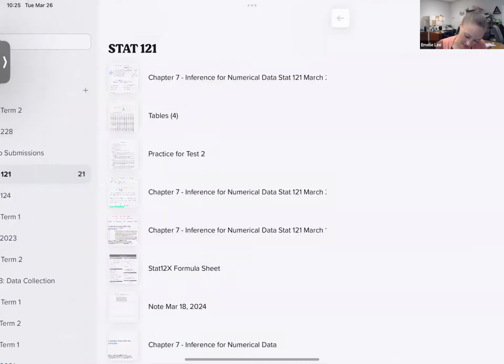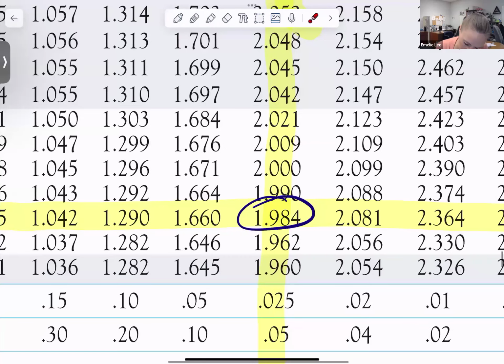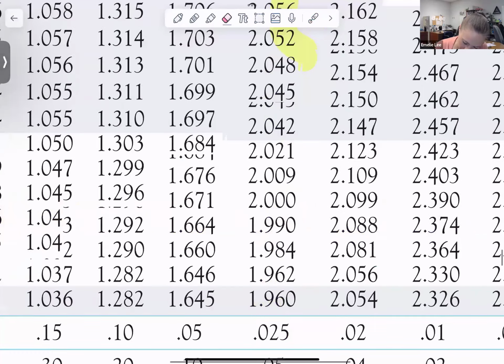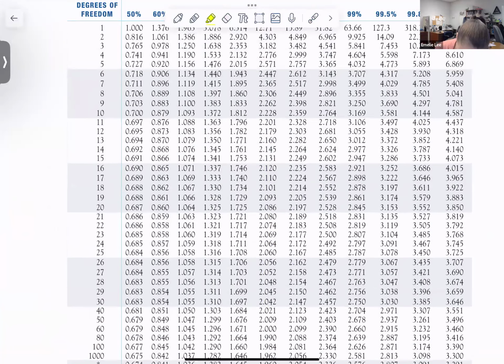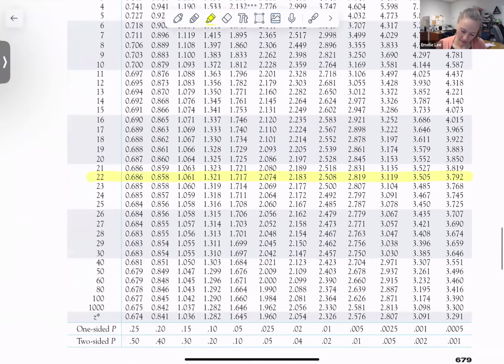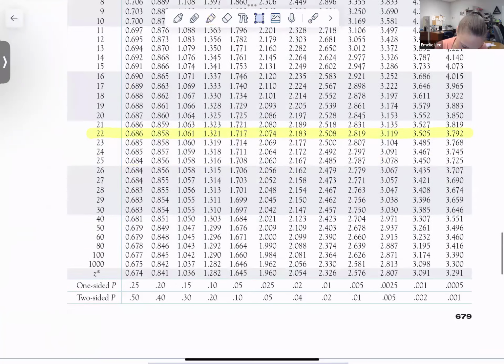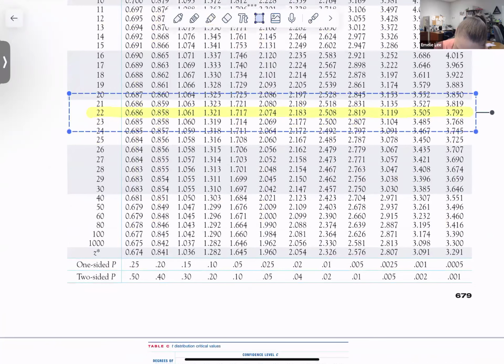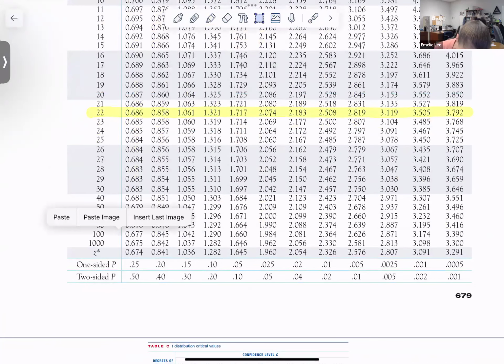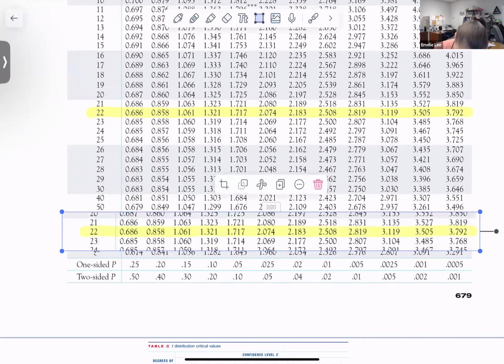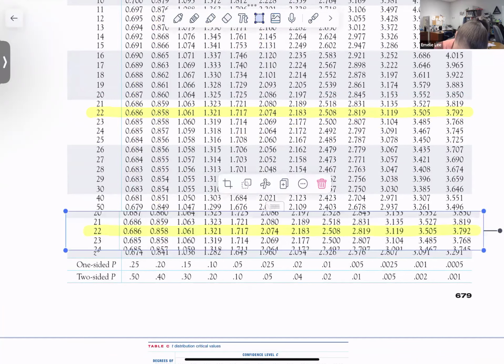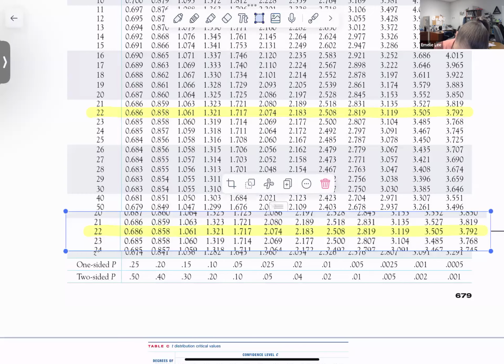And so here, let's see, where's my table? I have 22 degrees of freedom. Let's see here. Copy. I'm going to try to put it in the same screenshot here.